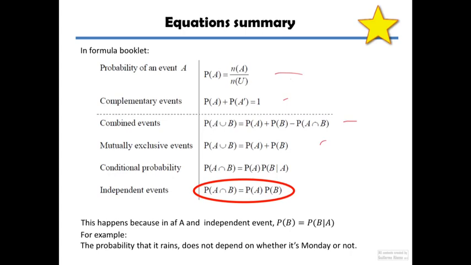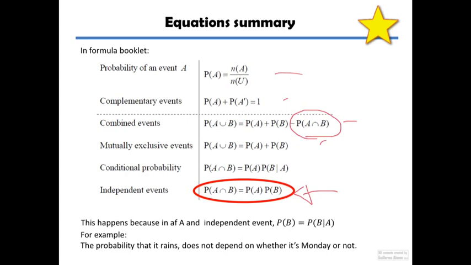This one here is when you have 2 events that are mutually exclusive, that there's no intersection of them, because this is 0. And this is for independent events. Remember about dependent events and independent events.